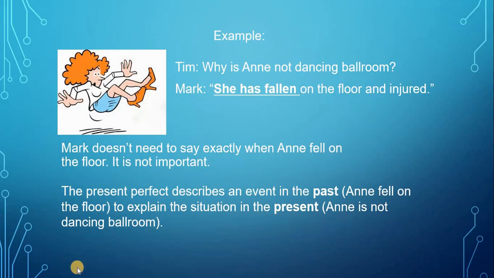Anne is not dancing ballroom. So always in the present perfect, that is very important, it is a past action with an effect or connection in the present.